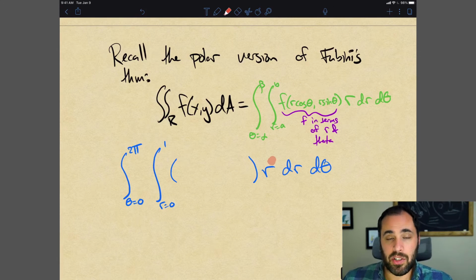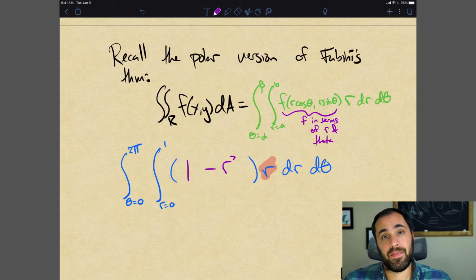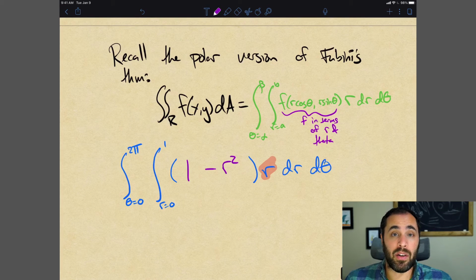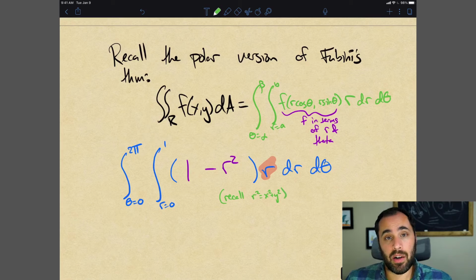And then this function 1 minus x squared minus y squared, we can write as simply 1 minus r squared. So you can think about why that's true. If you'd like, you can plug in r cosine theta for x and r sine theta for y, and then simplify. Or remember that r squared is x squared plus y squared. And then dA, we replace that with r dr d theta.